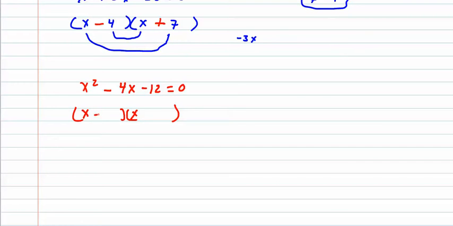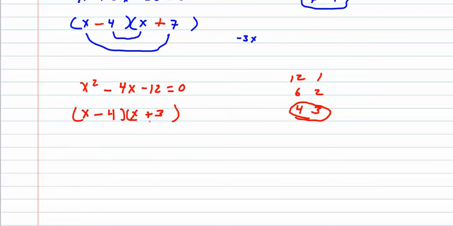Well, there's going to be a negative and a positive. Now we could go with 12 and 1, 6 and 2, 4 and 3. You choose. But again, I said I like to start with the smallest numbers. It doesn't always work. In this case, it does not work.